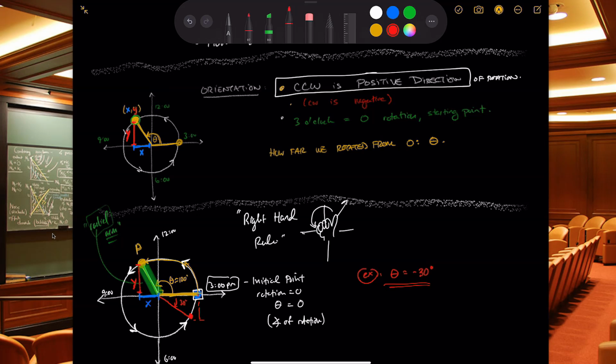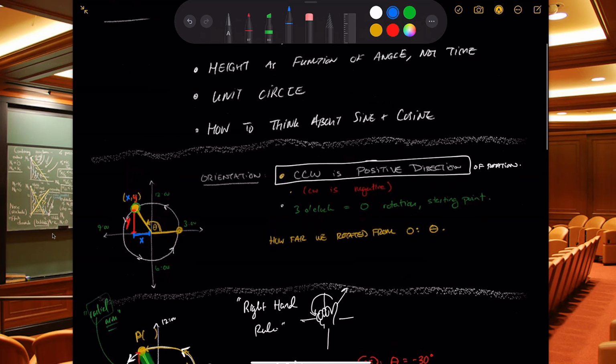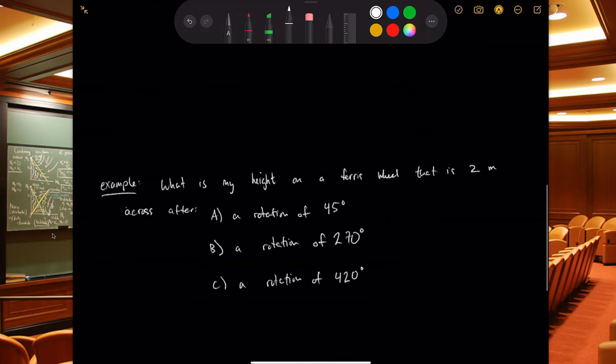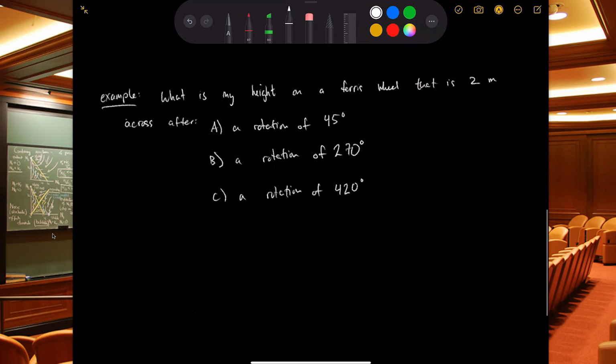So this P is really the point (x, y), and what we're saying now is that these coordinates can be given by the angle of rotation, specifically the height.